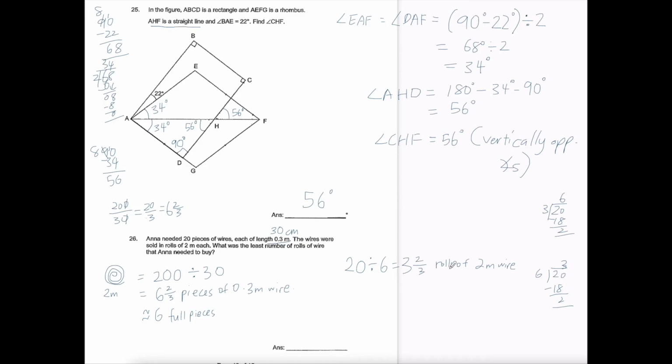I can't have 2/3 of a roll, so in this case I need to round up to 4. I need 4 rolls of 2 meter wire, so my answer will just be 4. Because if I only have 3 rolls, I will only have 18. Remember the 2/3, we can't do anything about it. In this case we need 20 pieces, so instead of rounding down we need to round up to 4. We are going to get more than 20 pieces, but that's fine because at least we hit 20 pieces. Please watch it again if you don't understand. If not, let's move on to question 27.